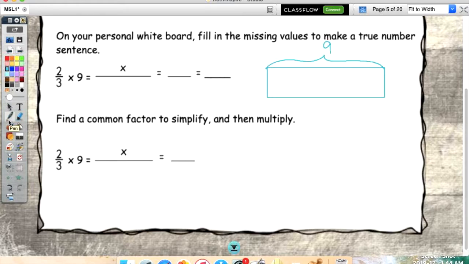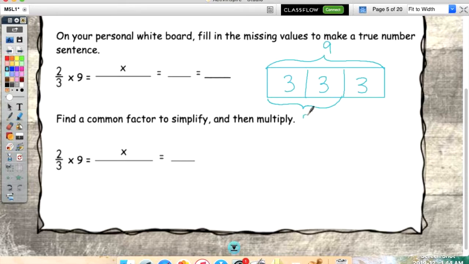So, Jackson, do you know how many equal parts I need in this tape diagram? 3. Jackson, do you know what number goes in each one? 3. So 9 divided by 3 equals 3, correct? Okay, so Kevin, I should put a bracket around how many of these 3s? Huh? 2 of them, because that's my numerator, okay?